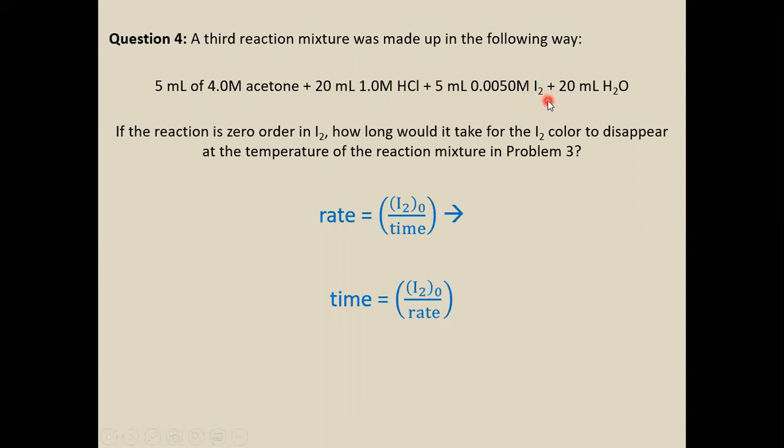And iodine is a 0 order reactant, so the change in concentration here won't affect the rate of the reaction. So we can use that rate and we can plug it in right down here. We can use that initial concentration of iodine, plug it in up here, and we can solve for the time it would take for that iodine color to disappear.